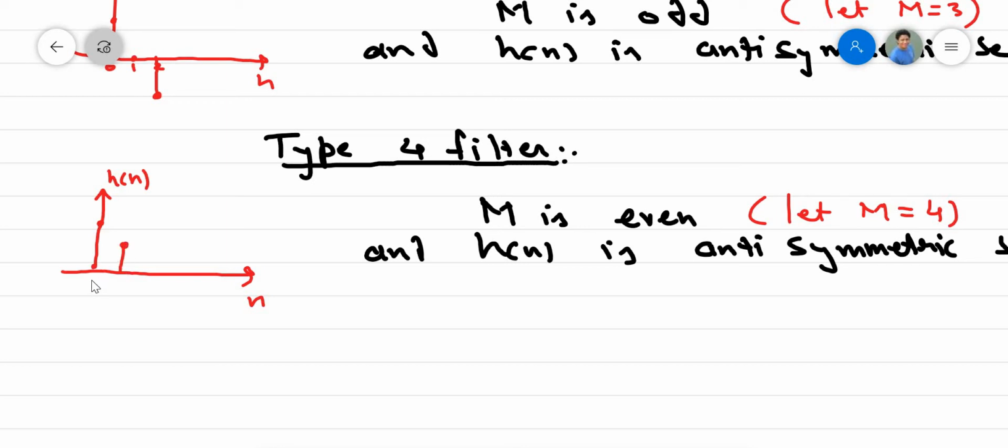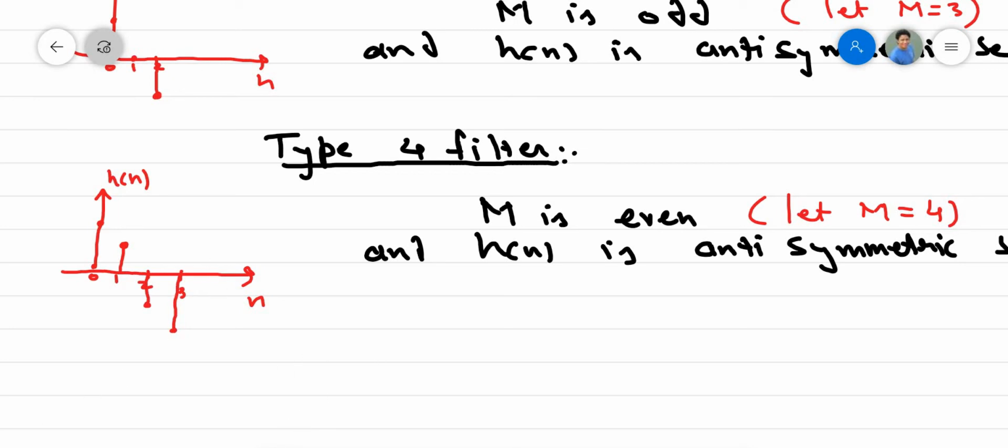Then it is this point at 0, 1, 2, and then 3. So it will be like this and this. Now this is also an even-M and antisymmetric sequence. So this is for a type 4 filter with h[n].